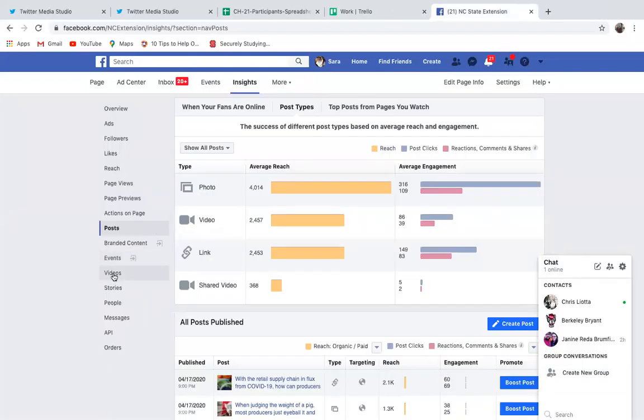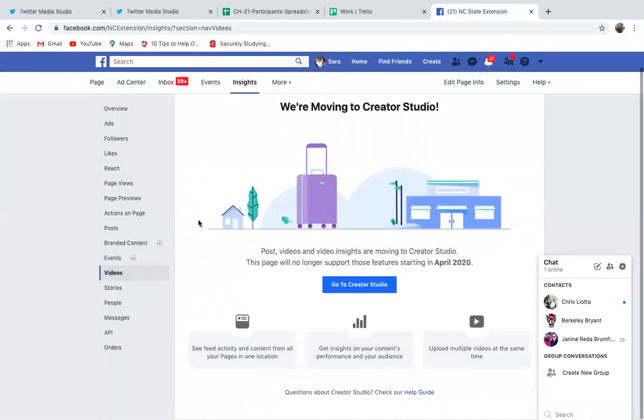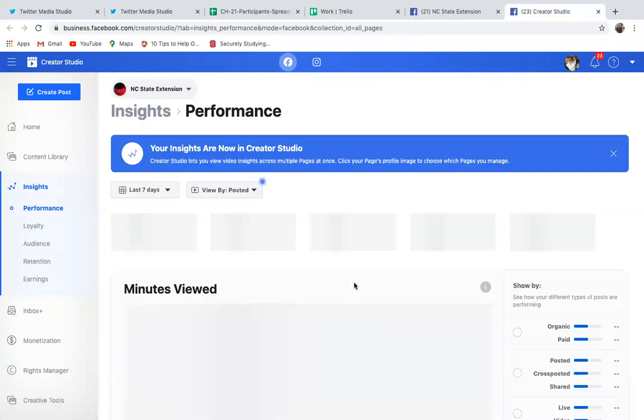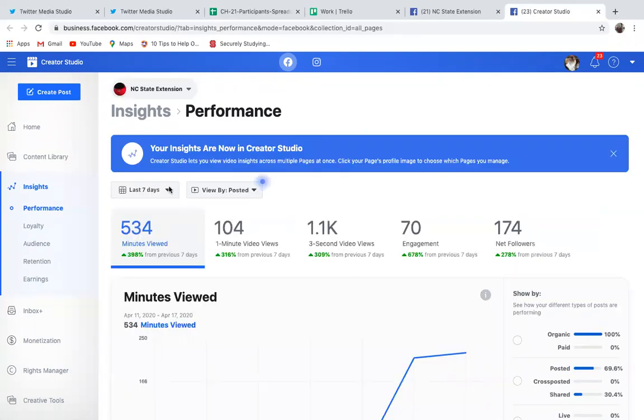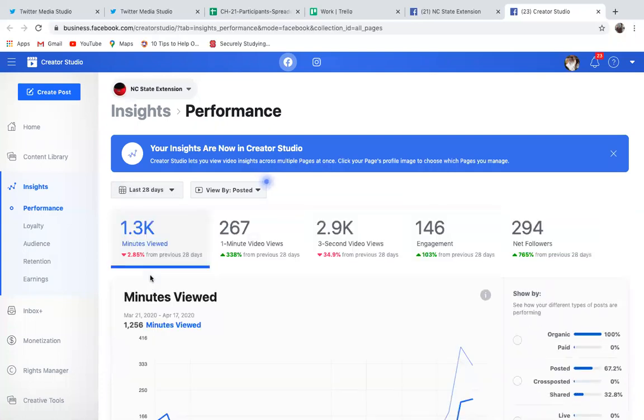Another thing that you can take a look at is videos. So it'll actually force you to go to Creator Studio. It used to be that you can look at this directly in Insights, but that has changed. And again, you can change the time frame. So I'm just going to change it to the last 28 days.